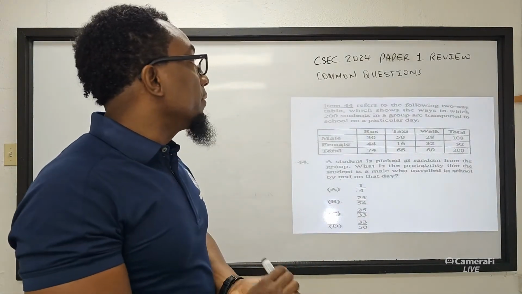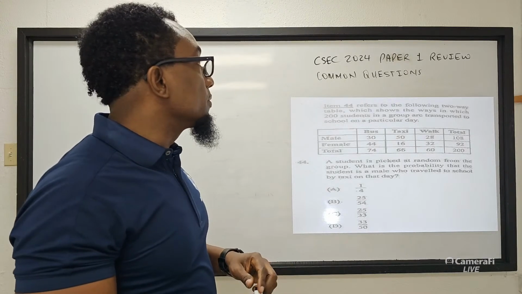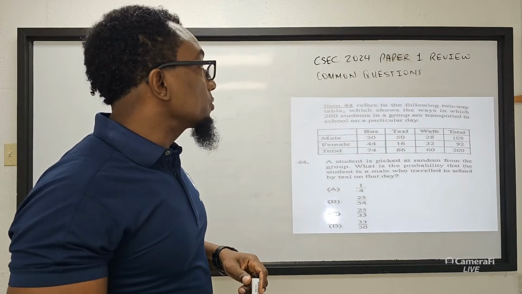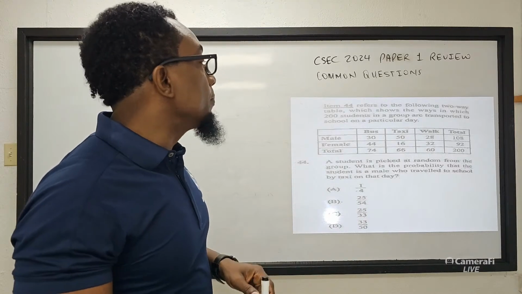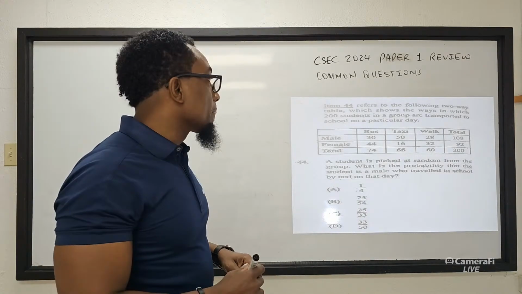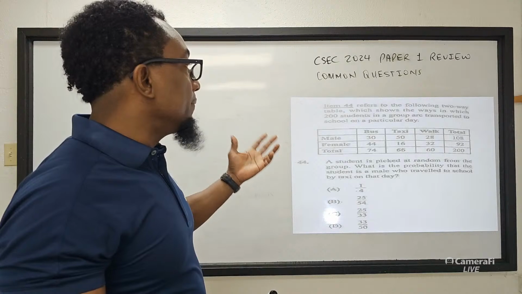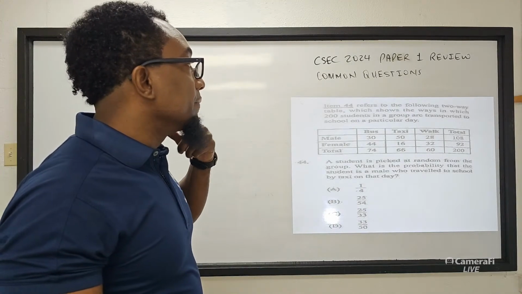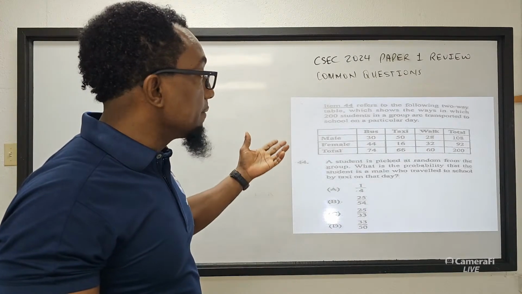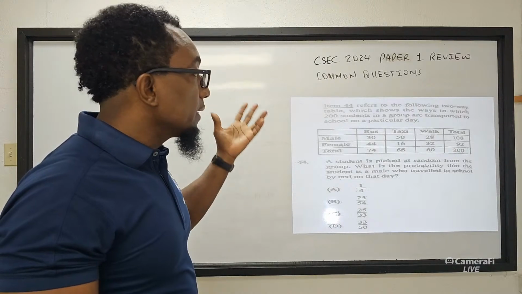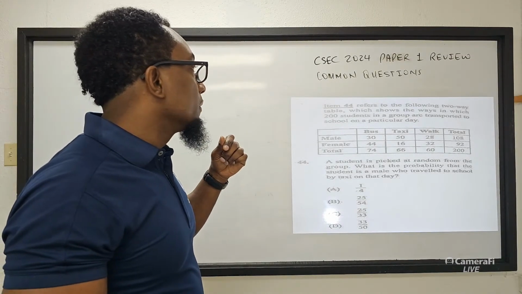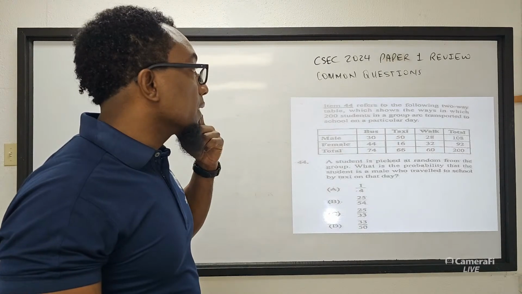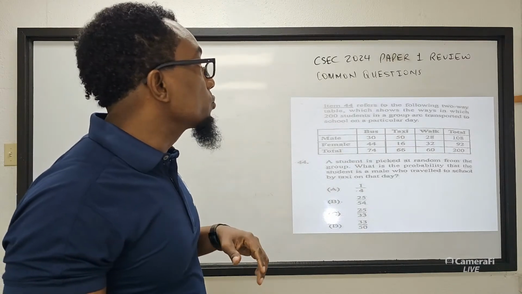Right, item 44 refers to the following two-way table, which shows the ways in which 200 students in a group are transported to school on a particular day. So you have males, you have females, and you have the different ways that they travel: those who take buses, who take taxis, who walk, and you have the total number of males, total number of females, total number of students.